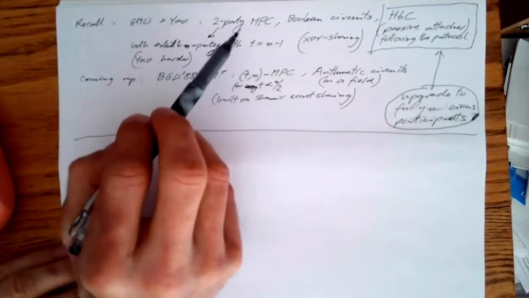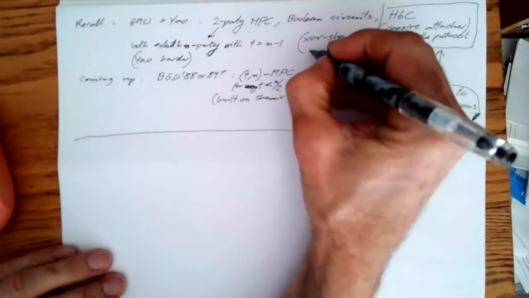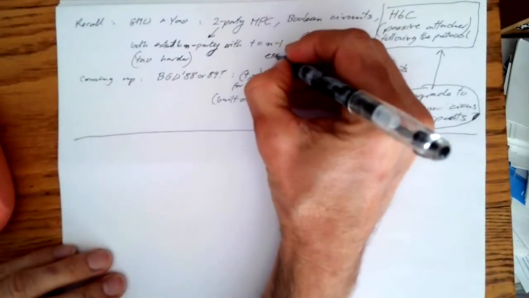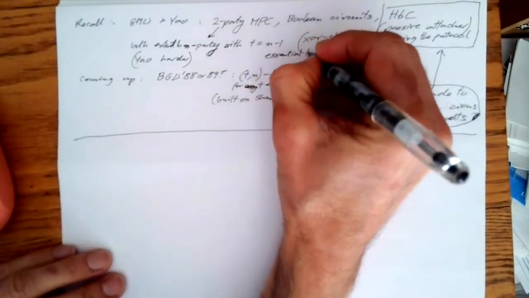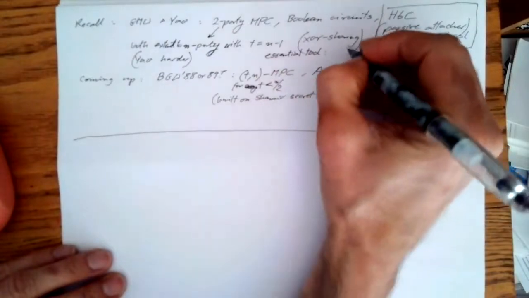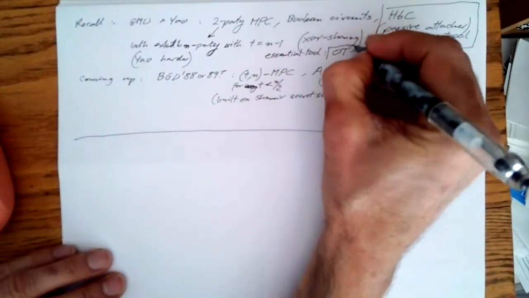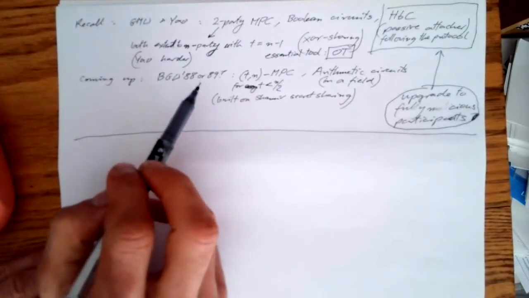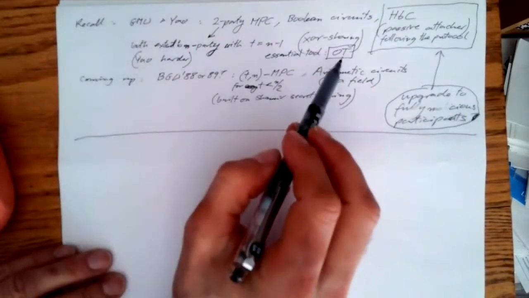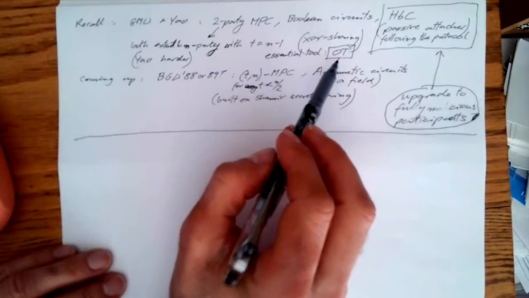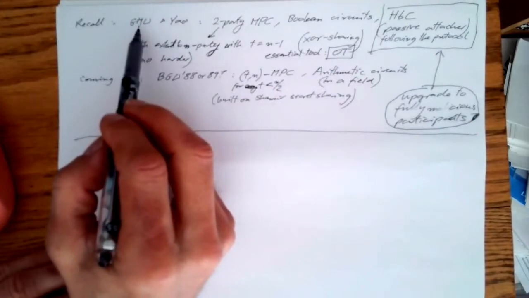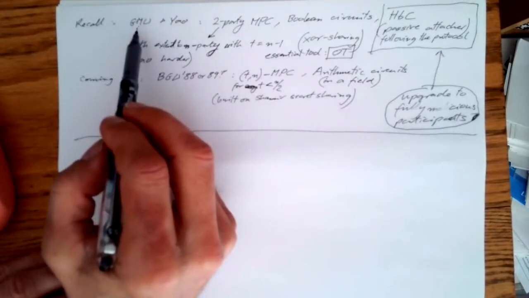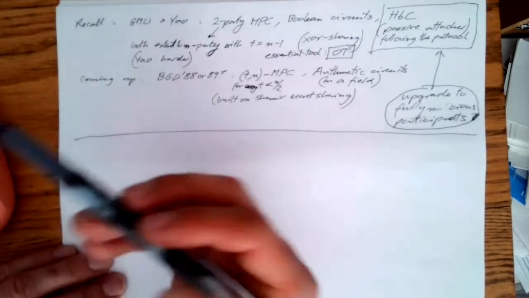Just one more word. In both of these, the essential tool that allowed this was OT, oblivious transfer, in both of these protocols. For GMW, OT is the tool. Like, there is really nothing else happening. It's a black box.